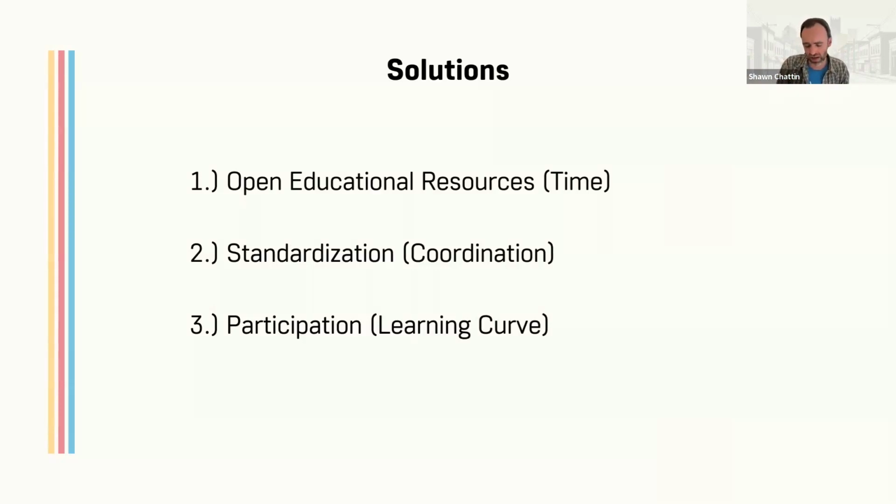Or if you think what I create can be used as is, please do. Save you time there. And standardizing can help the coordination. We're all from different areas of the country perhaps, but if we standardize all the material, that can help. And then just participating, just using these things will help with the learning curve.